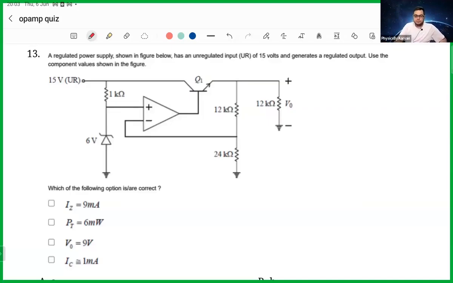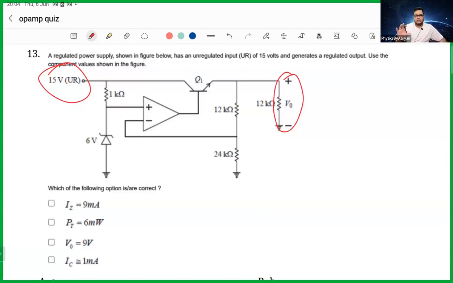A regulated power supply, shown in the figure, has an unregulated input of 15 volt, and it generates a regulated output. The voltage has to remain regulated, and this circuit is behaving like a regulator.